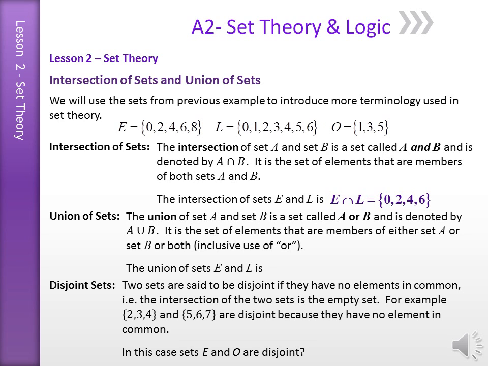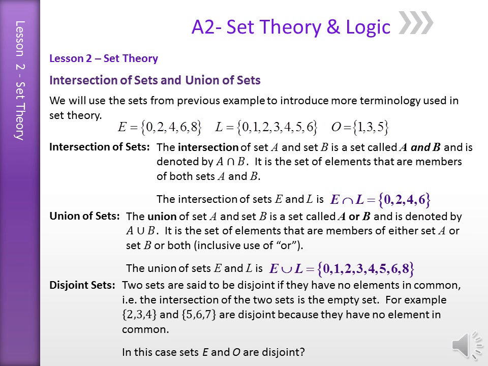The union of sets E and L would be E union L equals 0, 1, 2, 3, 4, 5, 6, and 8. Each of those members of that union would either exist in set E or in set L or would exist in both.